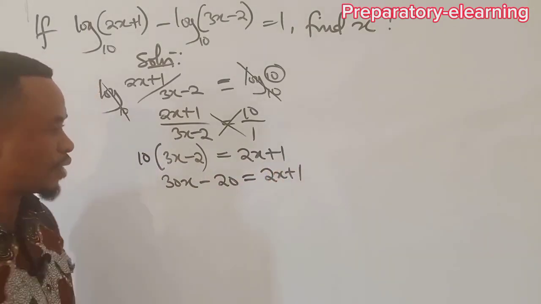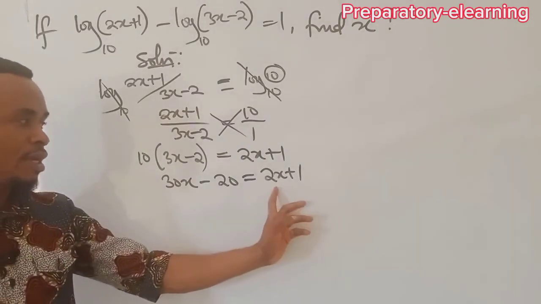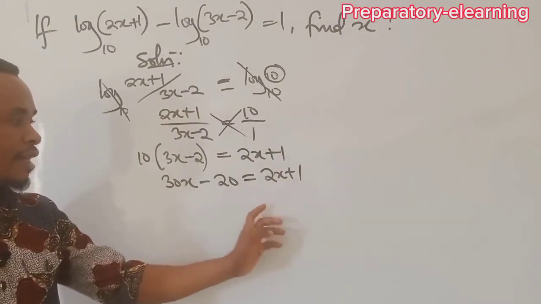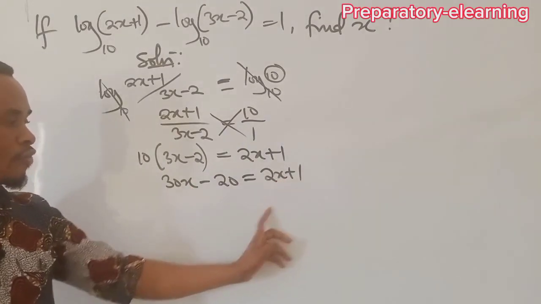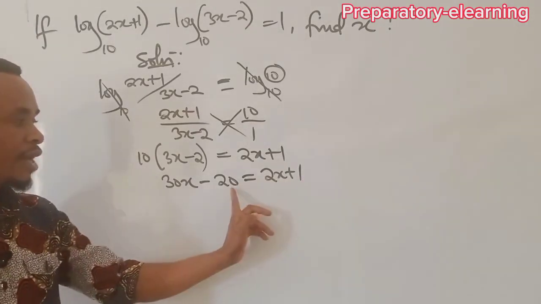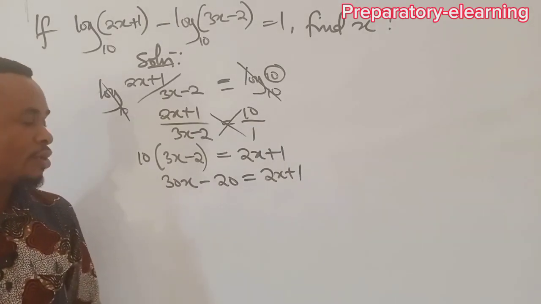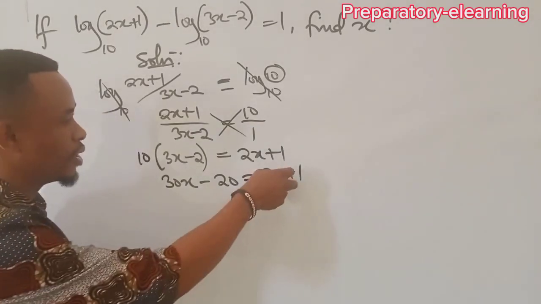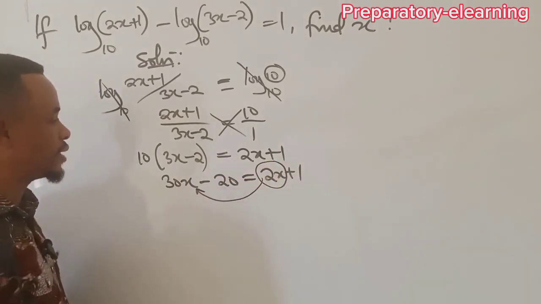How do we solve this further? We collect like terms. Collecting like terms means every term that has the same unknown, like 30x here and 2x here, you move them to one side, whereas the constant terms, without x attached to them, you move to the other side. So we move this 2x to meet 30x.